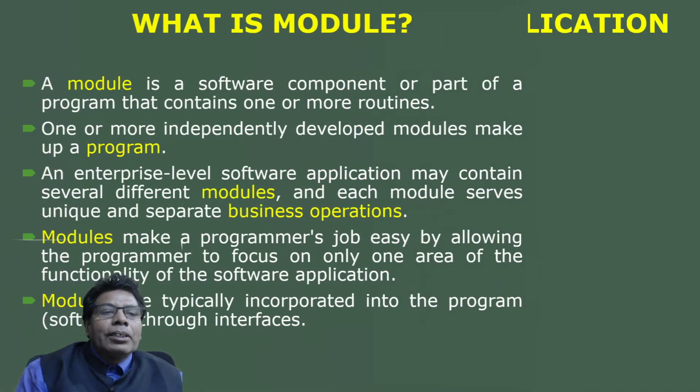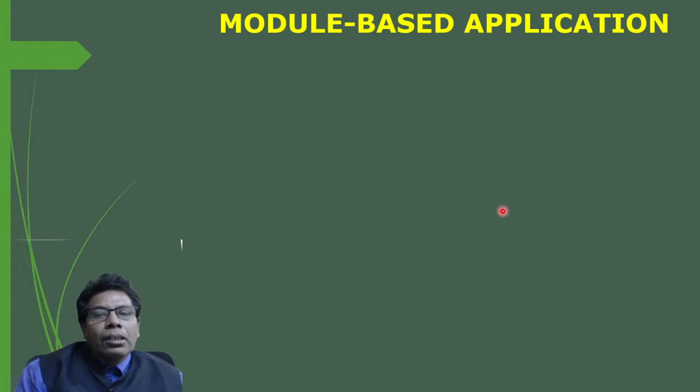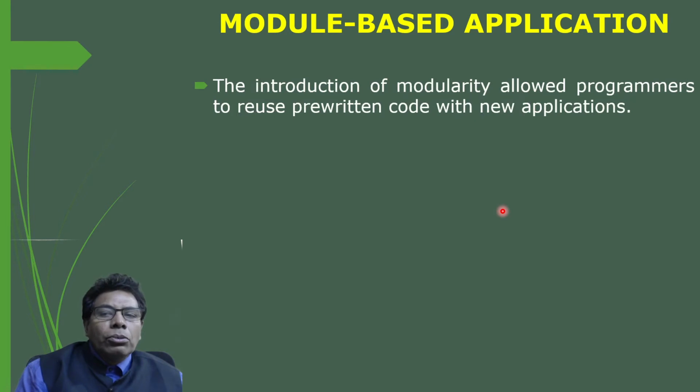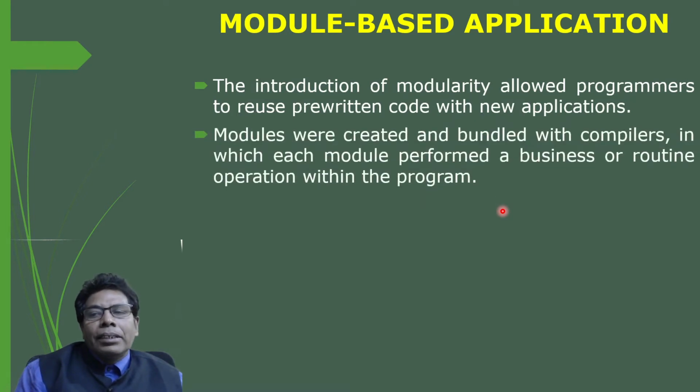Then let us see what is a module based application. The introduction of modularity allowed programmers to reuse pre-written code with new applications. So modules were created and bundled with compilers, in which each module performs a business or a routine operation within the program. So we have certain pre-written code.